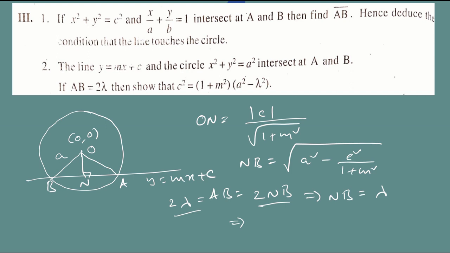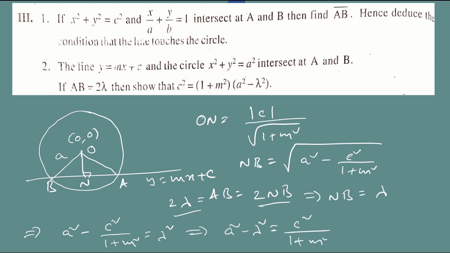So I have it as NB square is equal to lambda square. So what is NB square? a square minus c square by 1 plus m square is equal to lambda square. Or from this I have a square minus lambda square is equal to c square by 1 plus m square. Thereby you are getting your required condition.